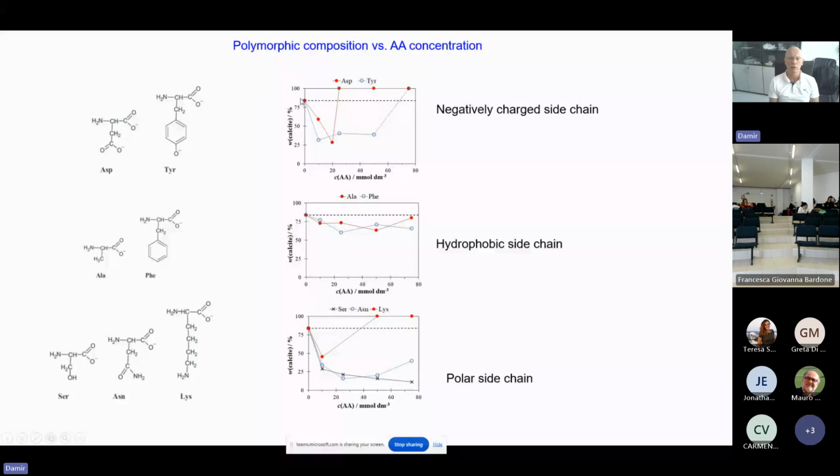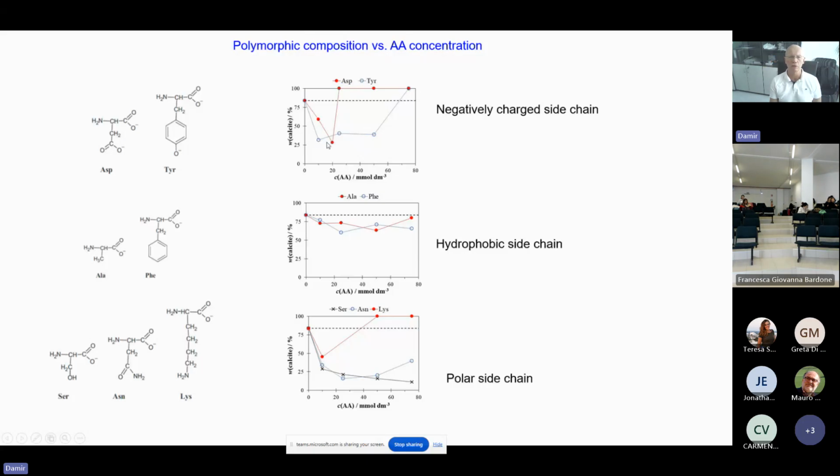So we learned that the 83% drops after the addition of amino acid to a lower value. We obtain even just 25% of calcite, but very soon the content of calcite increases. So even at 20 millimoles addition of aspartic acid, we obtain only calcite in the system.